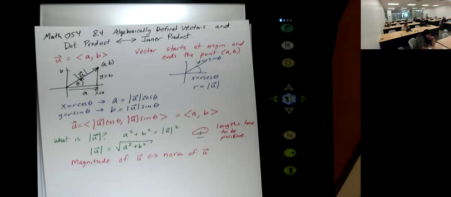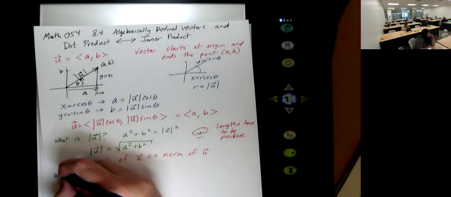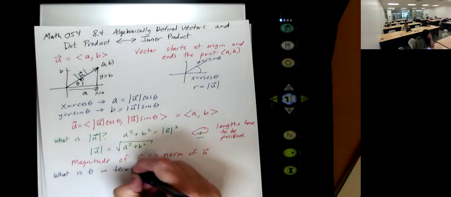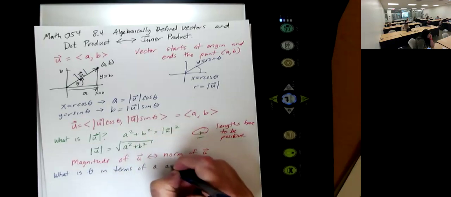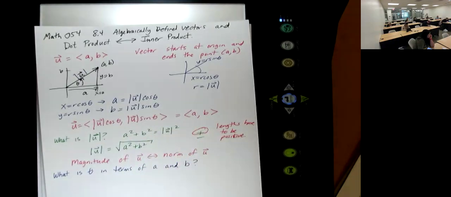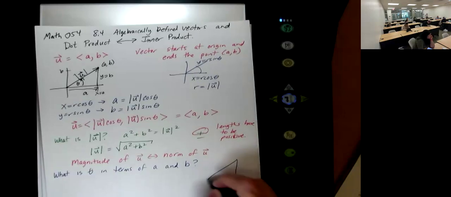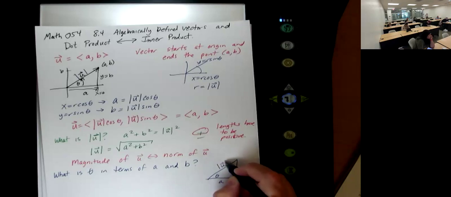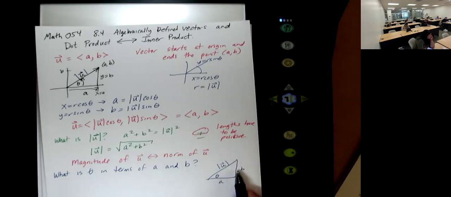What is theta here, in terms of these a and b components? Because that's usually what we're going to have, the coordinate where it ends up. That's what we want to base things off of. Well, if we look at the triangle, theta is opposite over adjacent.